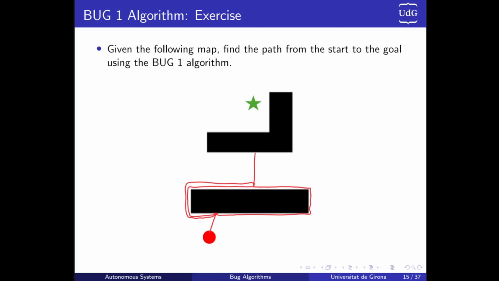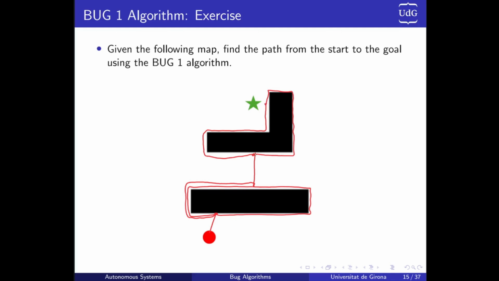And when I reach this position, I find another obstacle. Then I have to circumnavigate this obstacle again. This is a tactile sensor, so it should be very close to the wall, but sorry, it's very difficult to read here. What is the minimum distance here? Probably the minimum distance should be something like that.